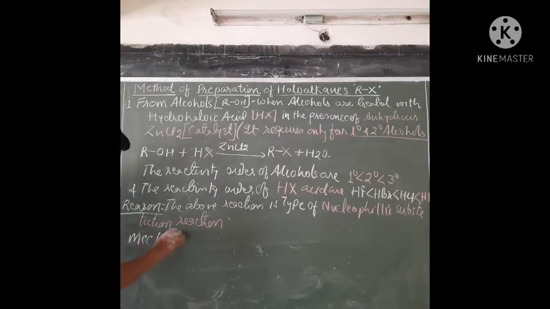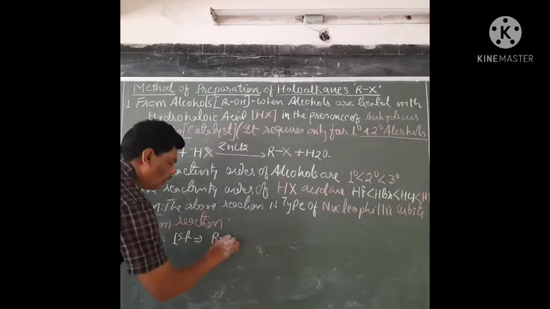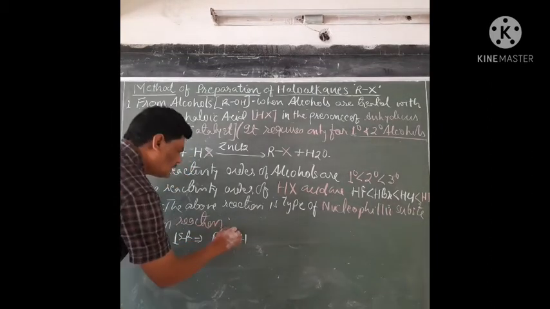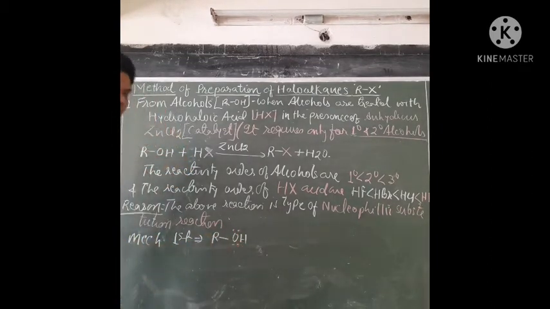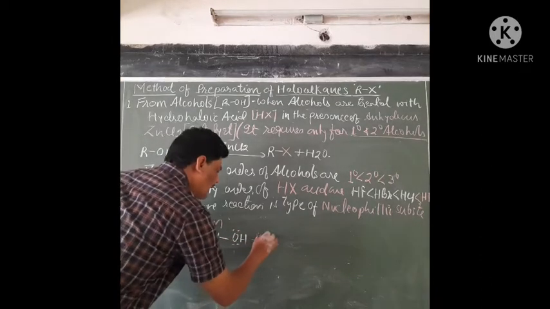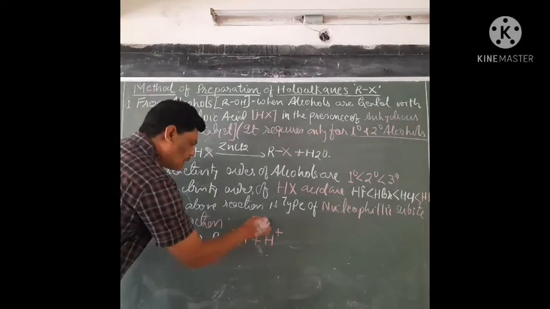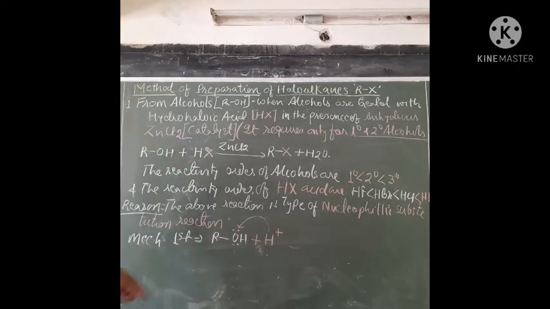Actually, in the first step, R–O–H, the oxygen has a lone pair which reacts with the H of the HX acid. That is, the proton is accepted by the alcohol.